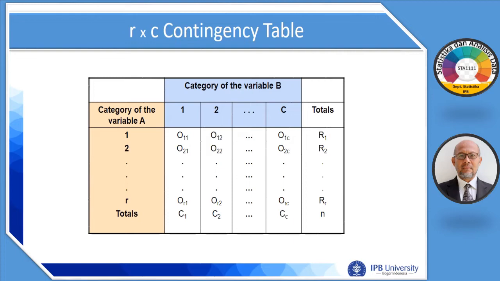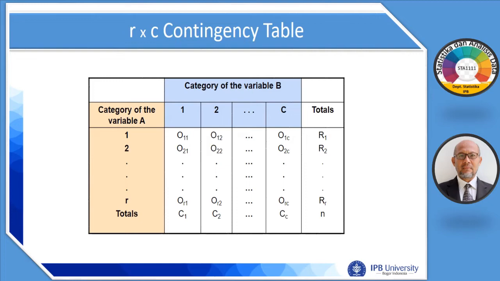O12 is the frequency of row 1 and column 2, until O1C. And then in column 1 you will have O21, meaning the observations of row 2 and column 1, until OR1.